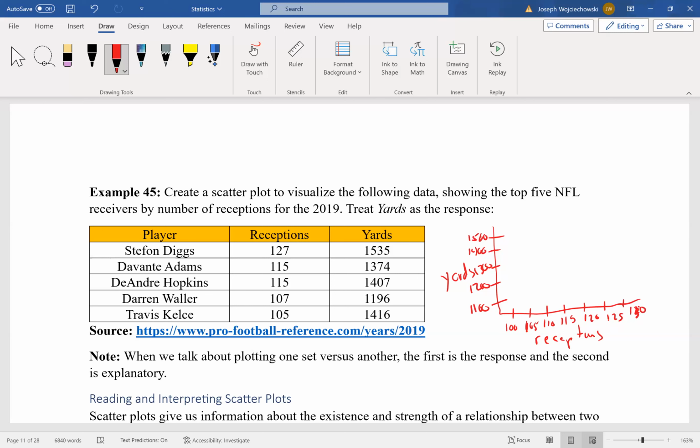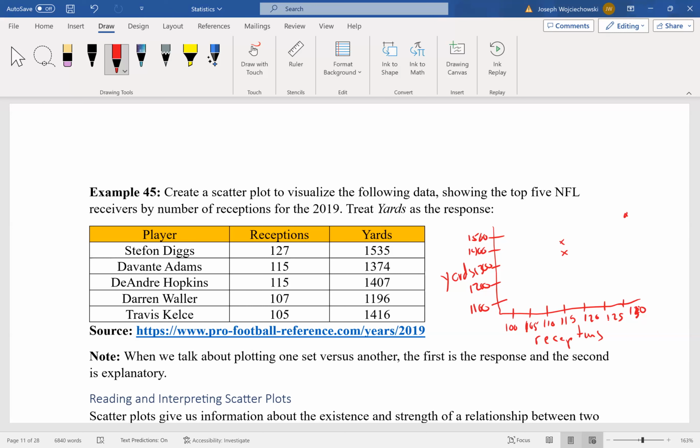Okay, so our first person had 127 receptions and 1535 yards, which is going to be about there. Next up, we had 115 and 1374, which would be about there. Then we had 115 and 1407, which would be a little more than that.